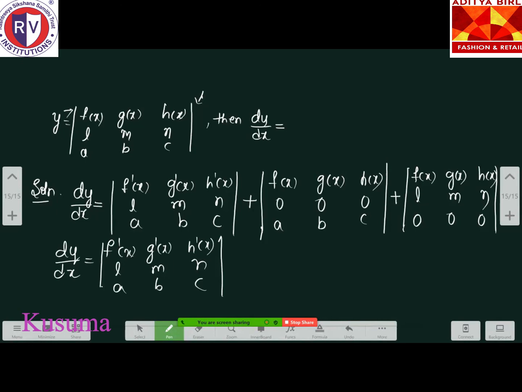Okay. Why? Can you tell me why? Why only this determinant will be the value of dy by dx? What about other two? What happened to other two determinants?